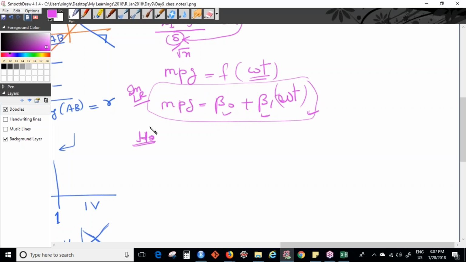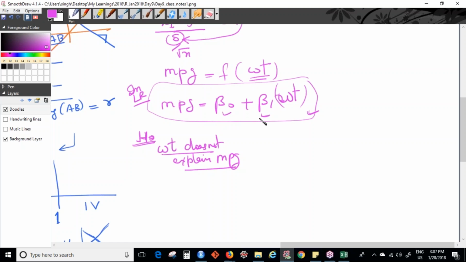The null hypothesis that you assume is that weight does not explain miles per gallon.